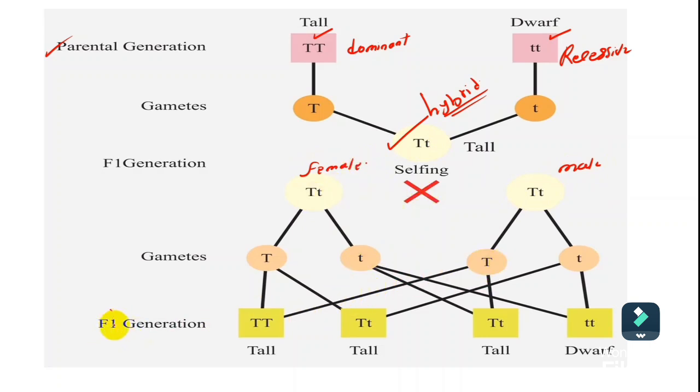The second generation, or F2, will be 3 dominant and only 1 recessive: 3 short and only 1 dwarf. That is 75 percent dominant and only 25 percent dwarf, or 3 dominant to 1 recessive.